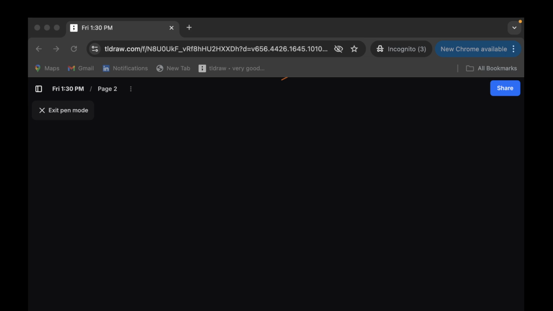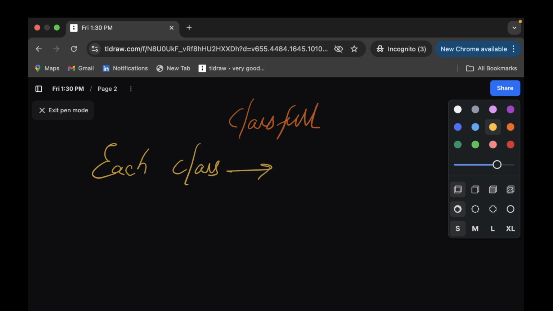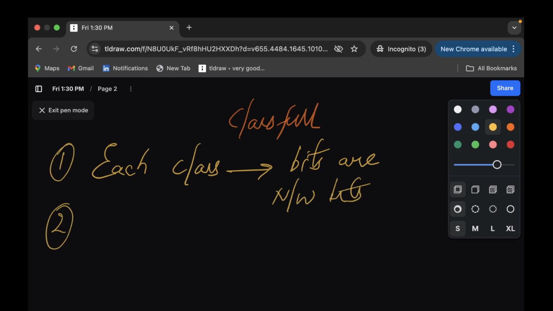So the class determines how many bits are network bits. Each class determines how many bits are network bits, and the mask is fixed depending on the class.